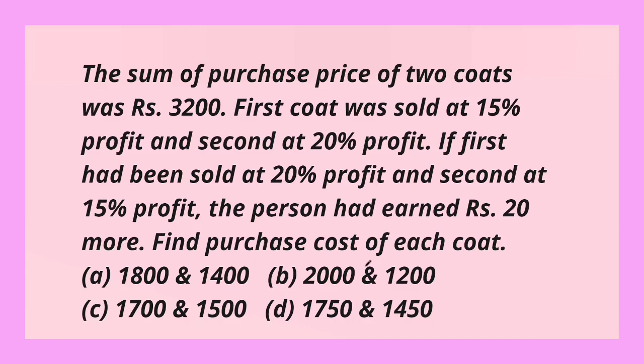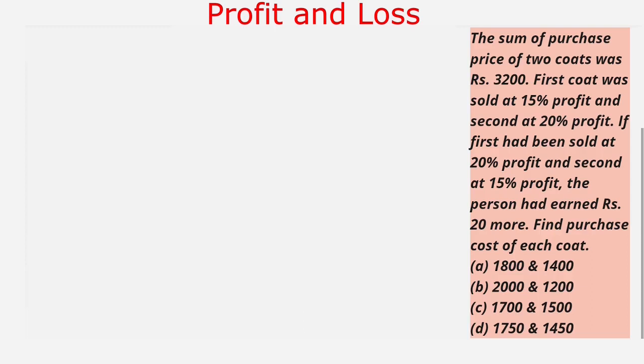Find purchase cost of each coat. The given options are option A 1,800 and 1,400, option B 2,000 and 1,200, option C 1,700 and 1,500, option D 1,750 and 1,450. We solve the question like this.